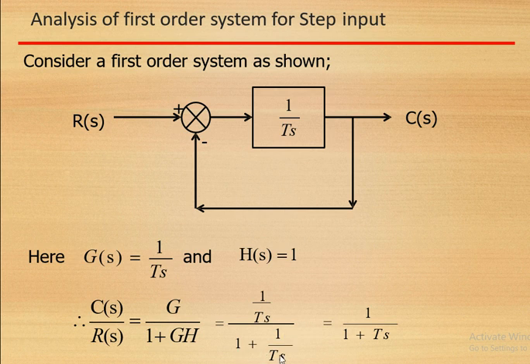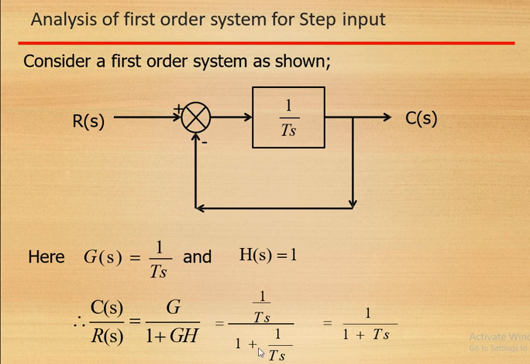Okay, so if I multiply this denominator function, with cross multiplication I will get TS plus 1 divided by TS, and this TS below is multiplied by 1 upon TS, and again this gets cancelled, and we will get 1 upon 1 plus TS. So please simplify this. This is very simple. Directly I have written here.